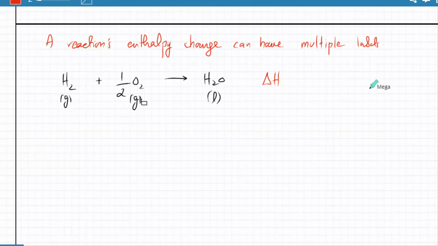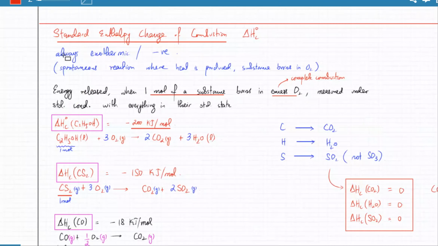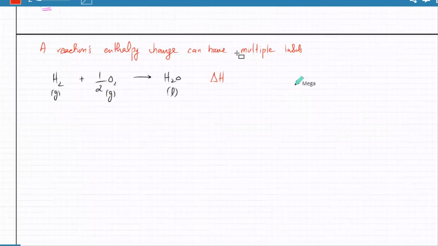It fulfills that criteria, because enthalpy change of combustion by definition is the energy released when 1 mole of a substance burns in excess oxygen. So it is the enthalpy change of combustion of hydrogen, right?